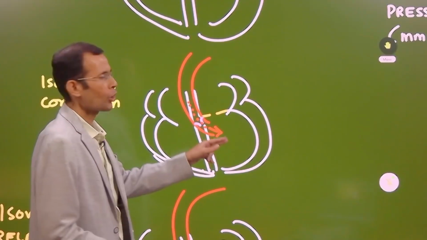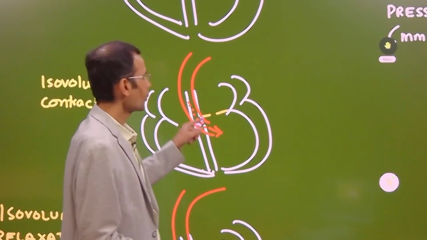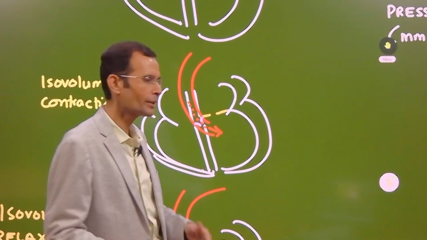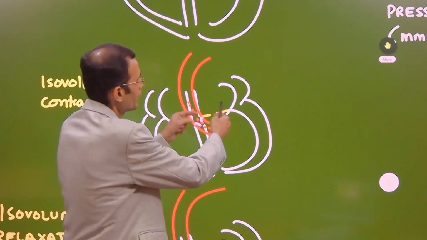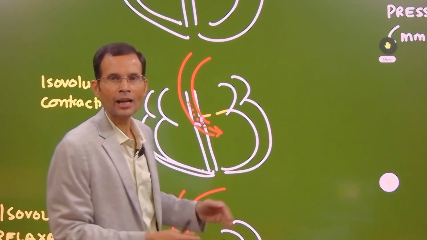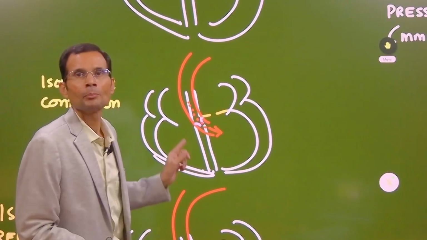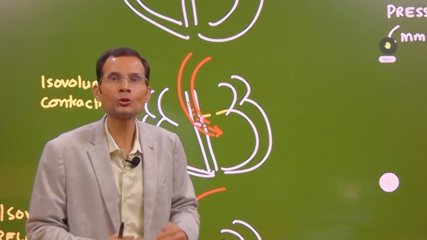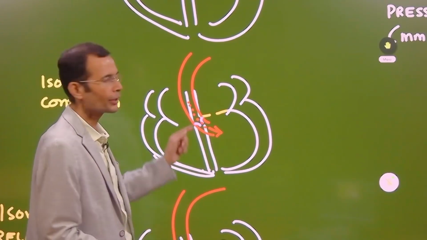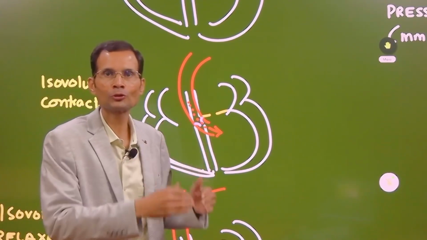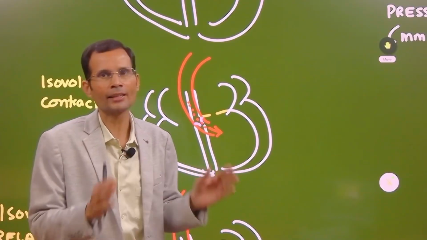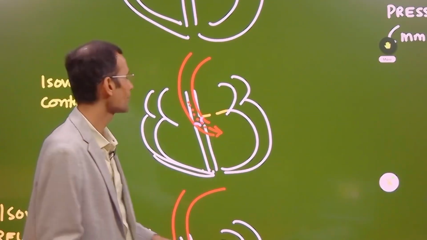Talking about the left ventricle, normally the mitral valve closes. You can see here, the mitral valve closes, but the aortic valve is yet to open. So the aortic valve is closed, the mitral valve is closed, and the left ventricle is contracting. That is isovolumic contraction, right?